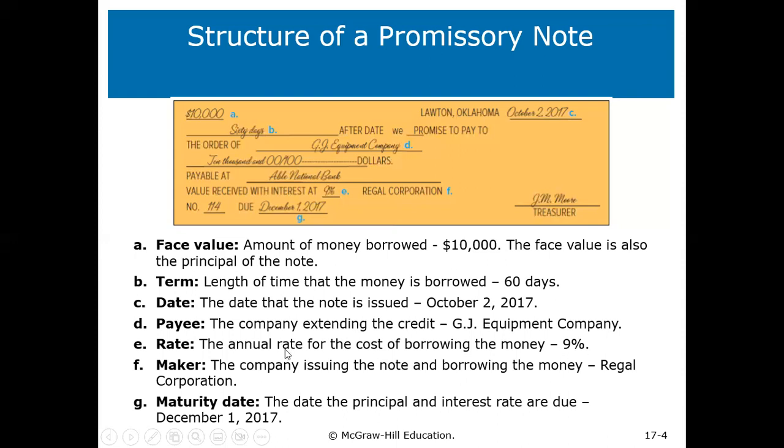And the rate, the annual rate. Again, it's always assumed to be annual. The cost of borrowing money is 9%. And then the maker of this note, the one borrowing, is Regal Corporation. The maturity date is December 2017. So this is the structure of a promissory note. The root word here is promise.